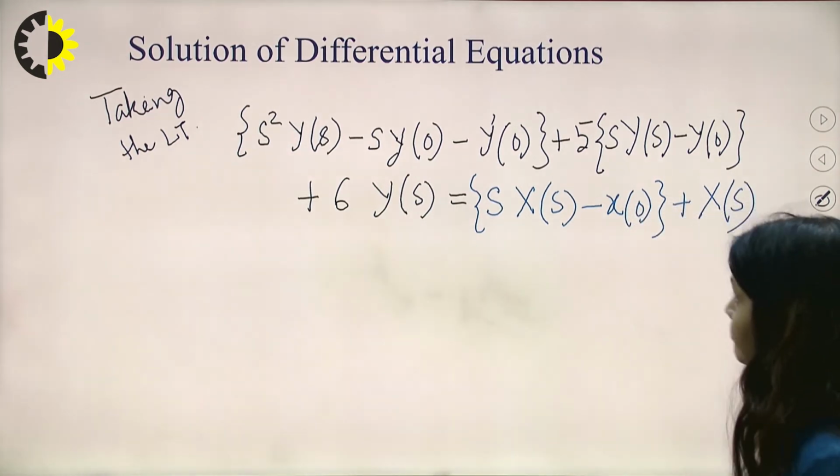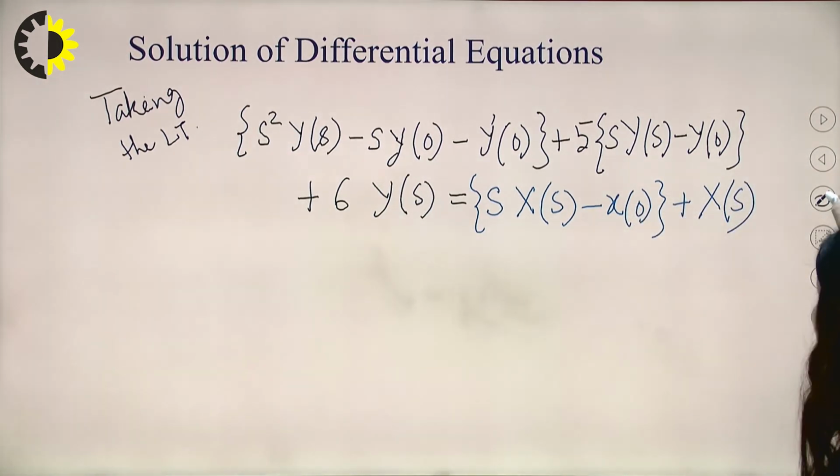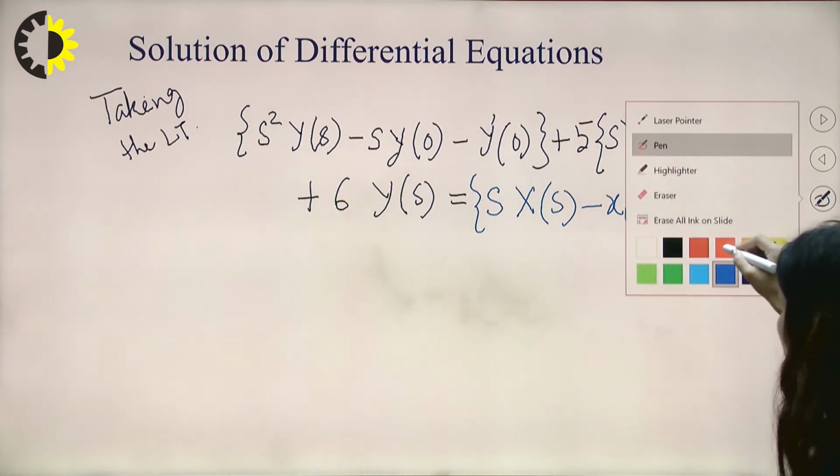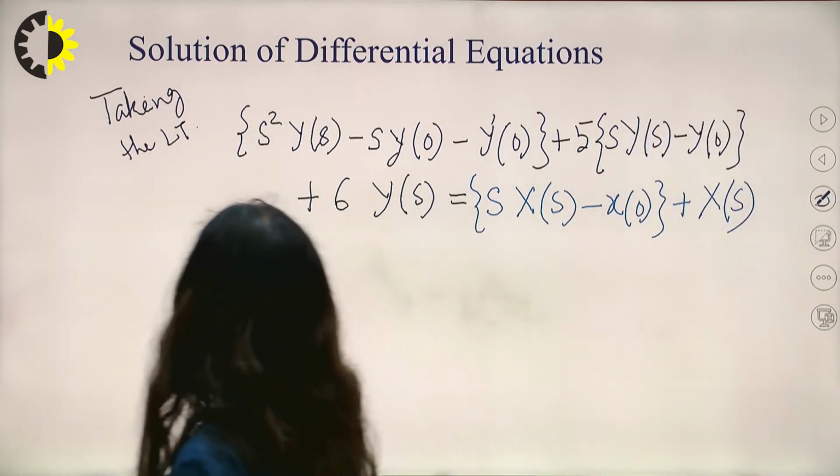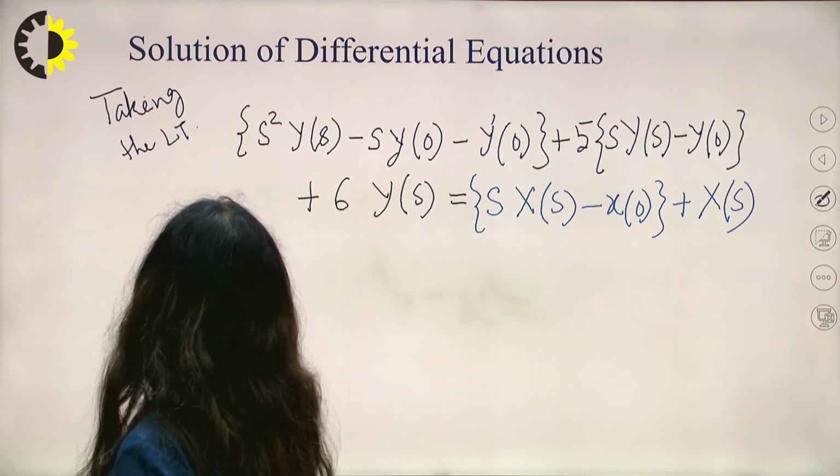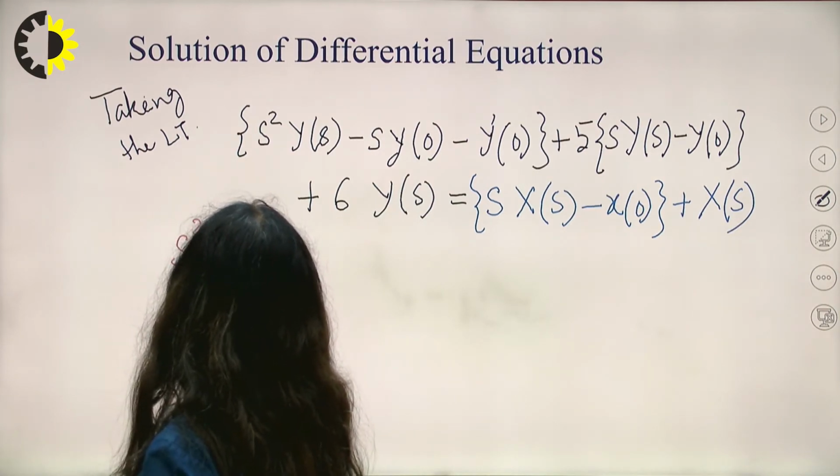So here, let us solve this particular equation. Solving this, we get s square Y(s) minus s.